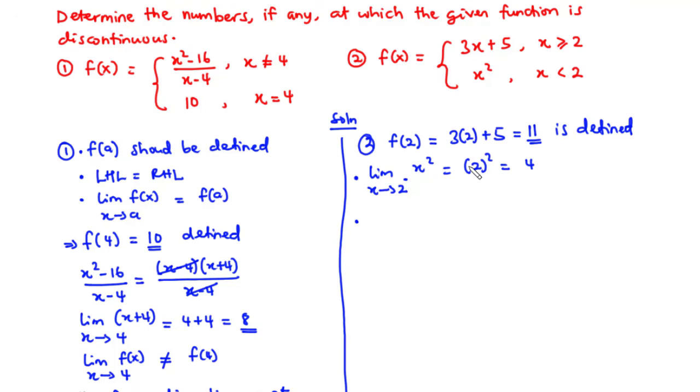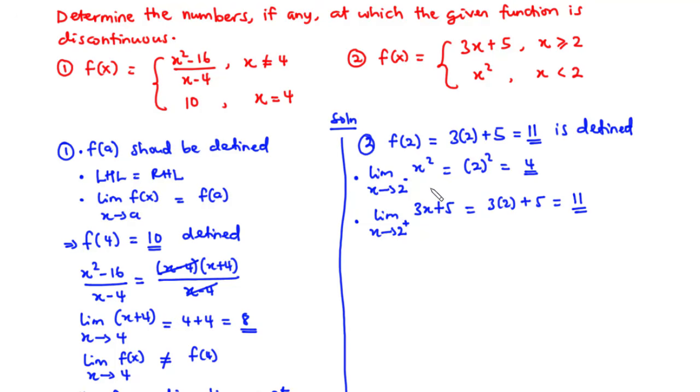Now for the right hand limit, that is x greater than 2, so we are going to use this function. So we have the limit as x approaches 2 from the right of 3x plus 5. So we substitute 2 into this. We have 3 times 2, which is 6 plus 5, and that is equal to 11.